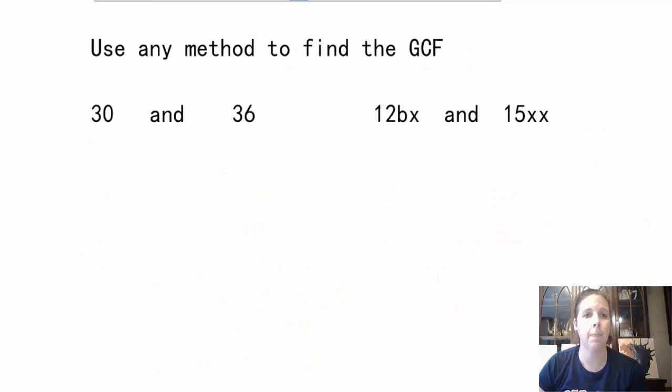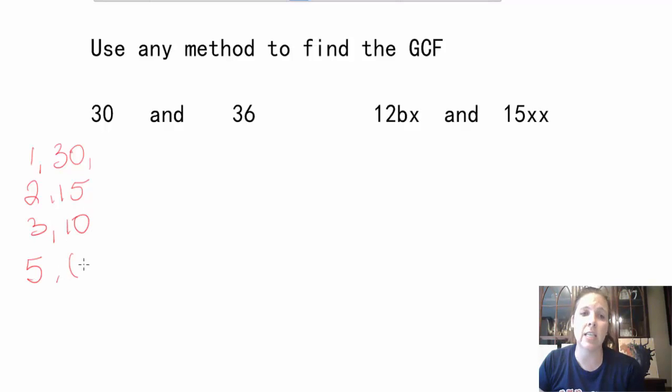Next. Okay, so this one says use any method to find the GCF. So if you know that you can either do the factor tree, which we just did, or you can just list the factors. So we know it's 1 and 30, 2 and 15, 3 and 10, 5 and 6.